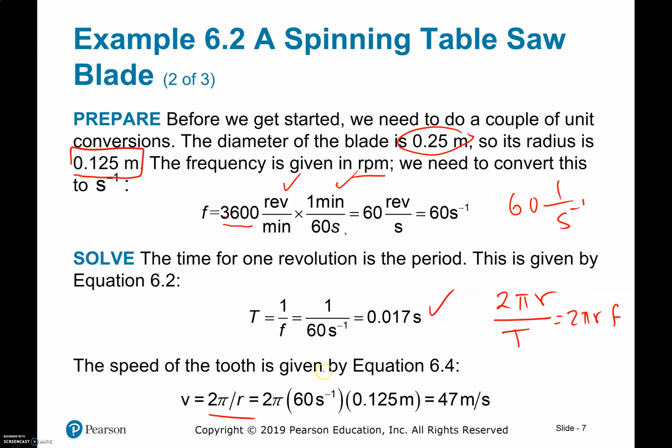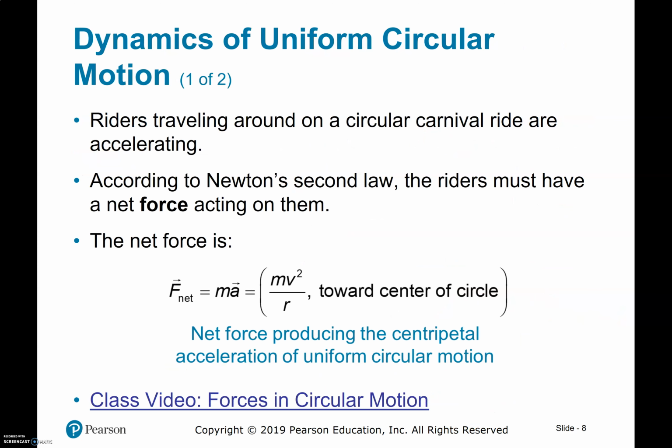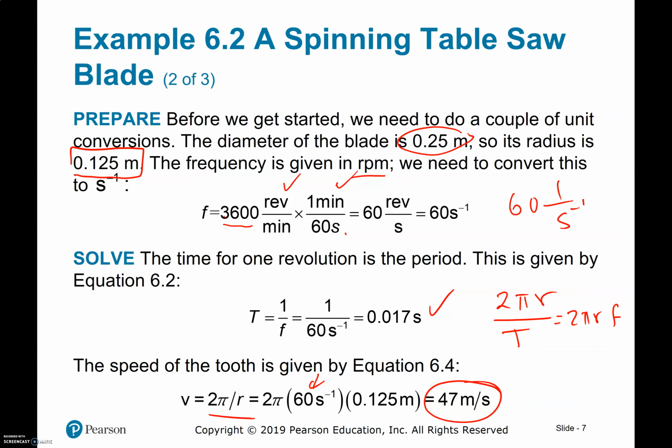So here you have your frequency, so that is 47 meters per second. That's a fast speed. And then the acceleration is what? It is v squared over r. You take 47 squared divided by 0.125 meters.